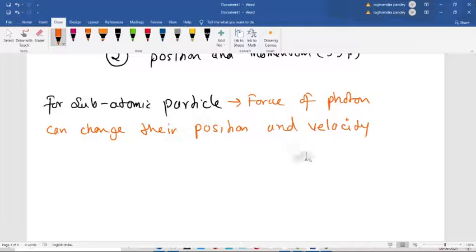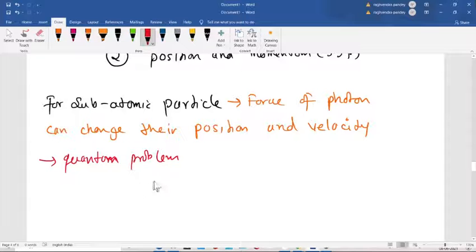Why is this the problem? Now suppose this is your quantum problem.